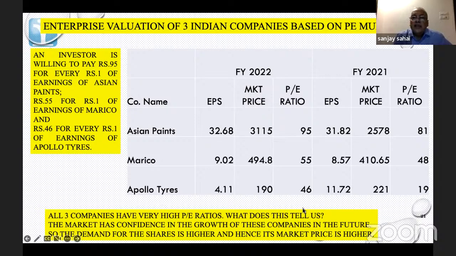Apollo Tyres is 46, surprising when you consider other things, and 19 in 21. So basically, if suppose these were from the same industry, we would have been able to understand exactly how the market actually is looking at the company I am interested in. That is the way to basically do it.